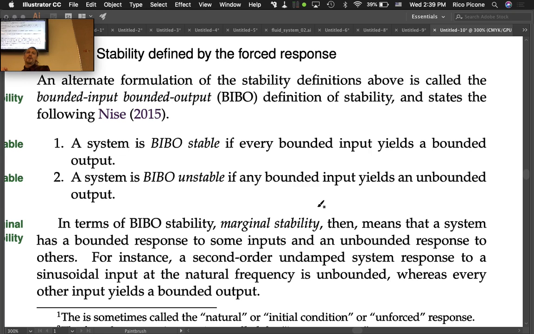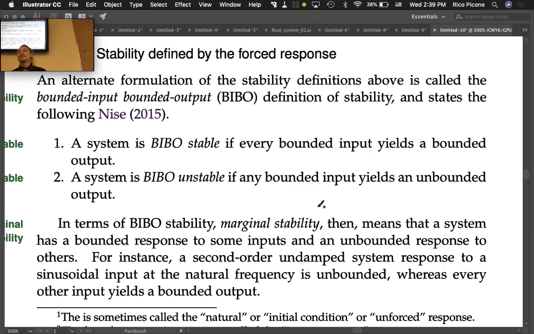For instance, a second order undamped system, which we were just talking about, has an unbounded response to a sinusoidal input at the natural frequency, whereas every other input yields a bounded output. If you put in a sinusoid at the natural frequency, or any input that has a component at that frequency continuously, then you will continue to feed energy into the system at that resonance, and it will continue to increase in amplitude, unbounded.